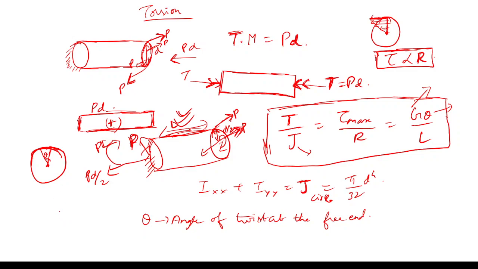For example, initially there is no twist. If I take any fiber, let's say this is the center, and I take only the upper half, let's say this is the center point O. Initially, when I am not applying any torque, imagine you have drawn a small line here, and after the torque is applied, this line is shifted to something like this.